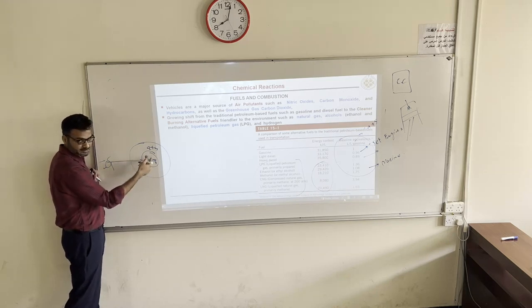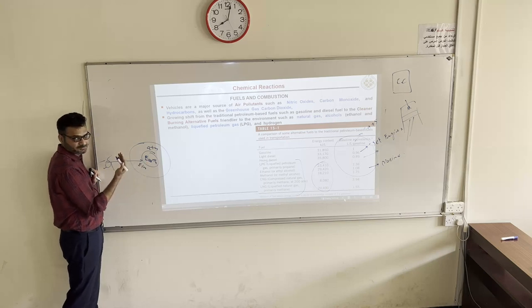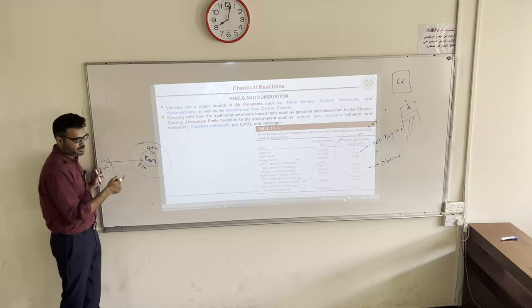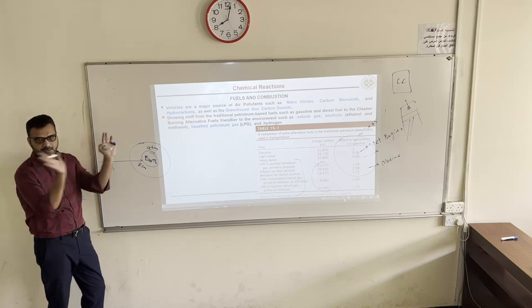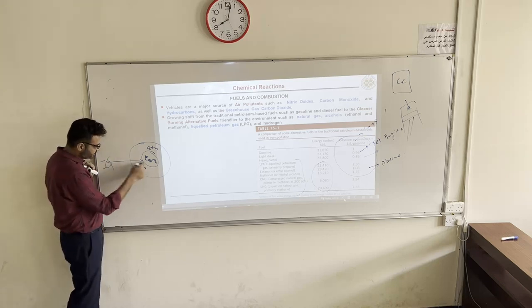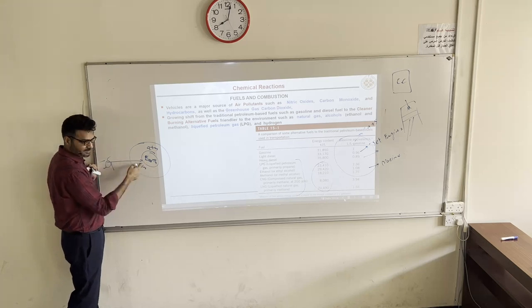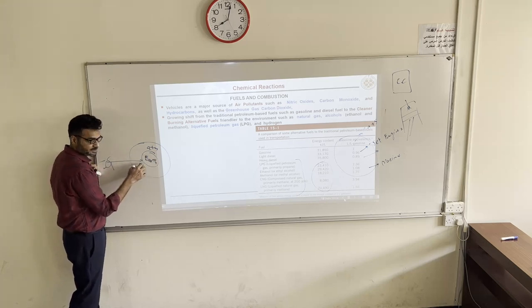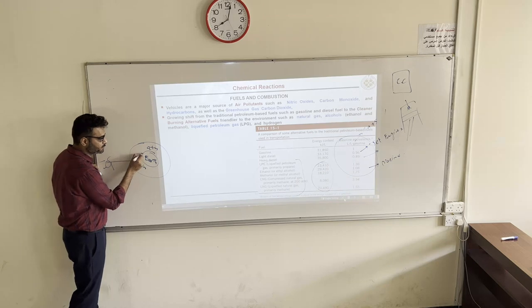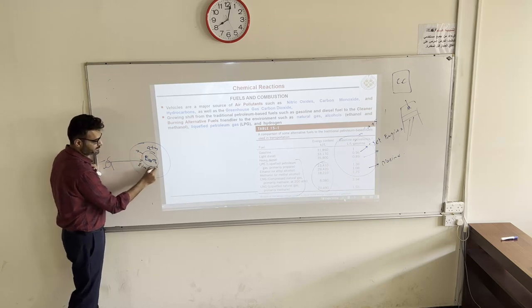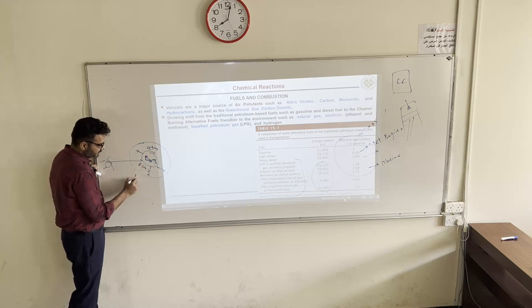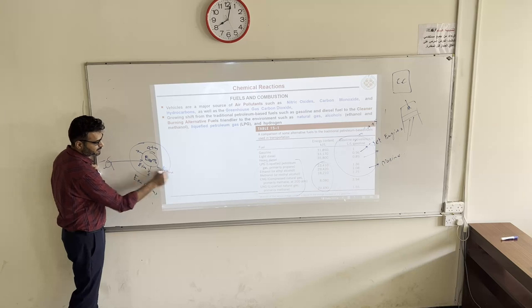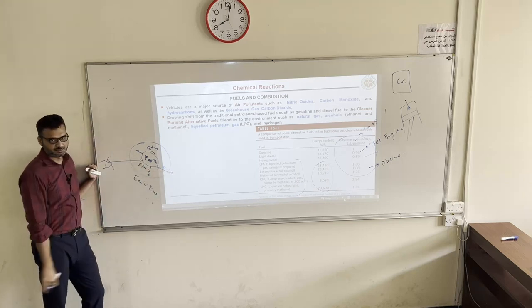Now Earth starts to emit radiation, because every body whose temperature is above 0 Kelvin emits radiation. By absorbing this energy from the sun, the earth's temperature starts to rise, so it starts to emit radiation back, right? So E in should be equal to E out. This is E out. Then the temperature of the earth will be constant.